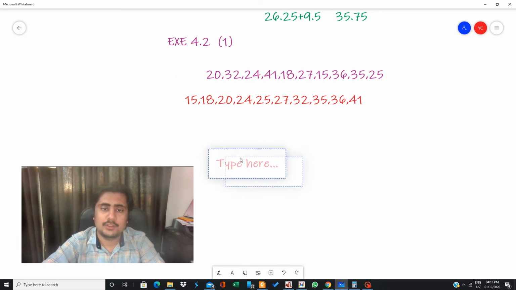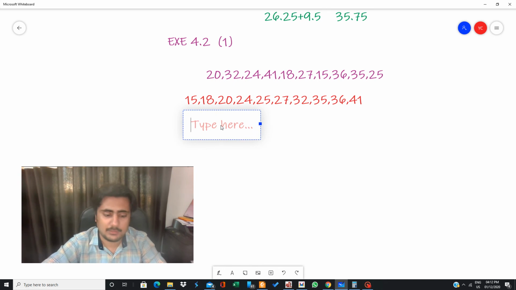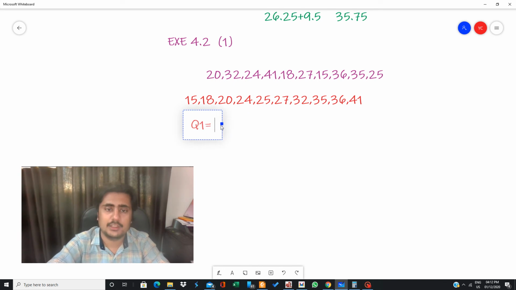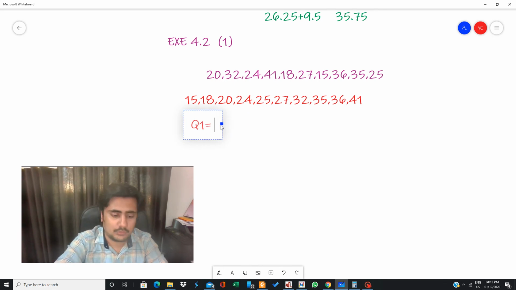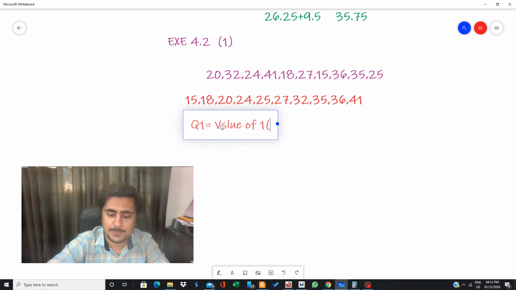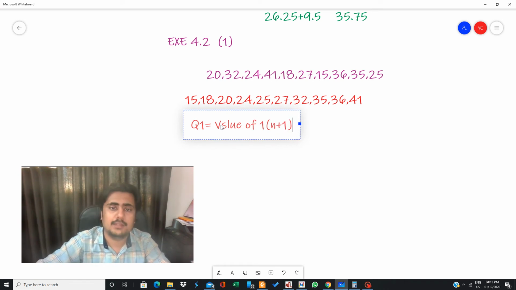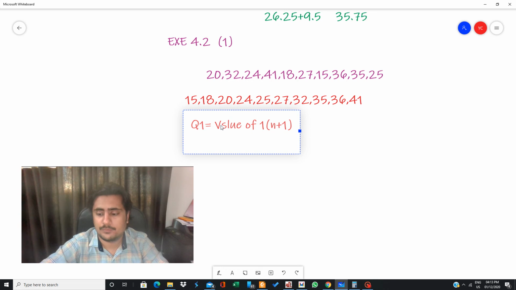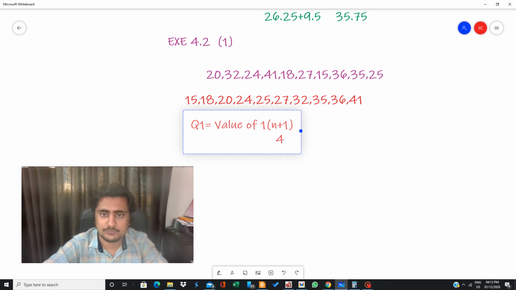To find quartile deviation, the formula is Q3 minus Q1. So first of all, I have to find Q1. How to find Q1? It is the value of 1 into (n plus 1) upon 4th observation.